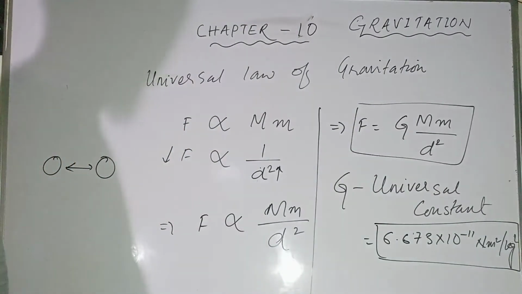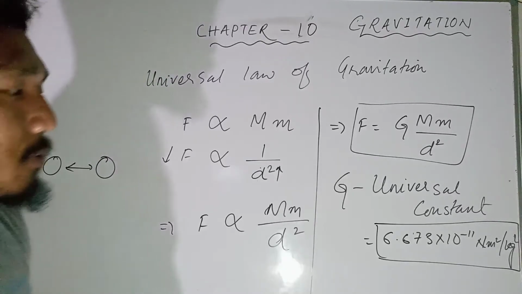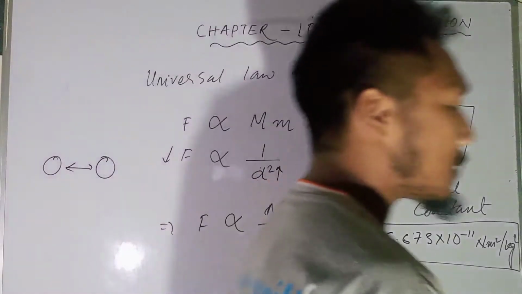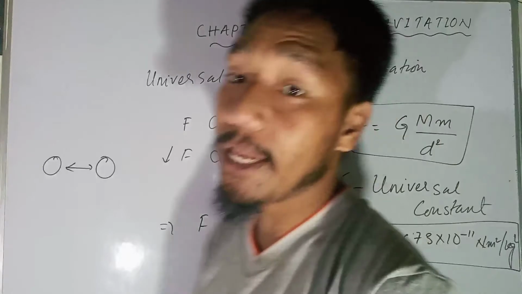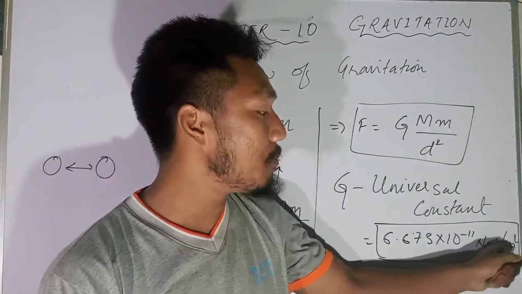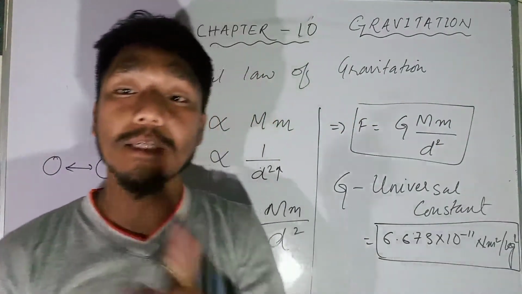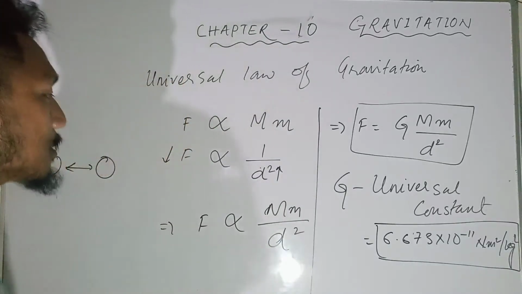The universal constant is the gravitational constant, the universal gravitational constant. Its value is 6.673 into 10 to the power minus 11 newton meter squared per kg squared.